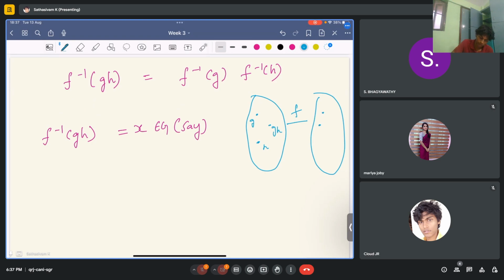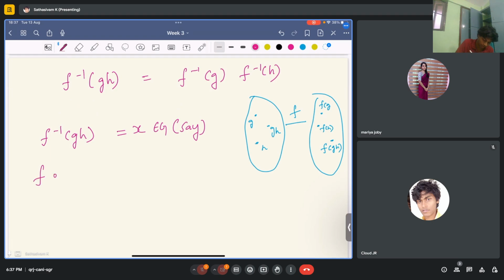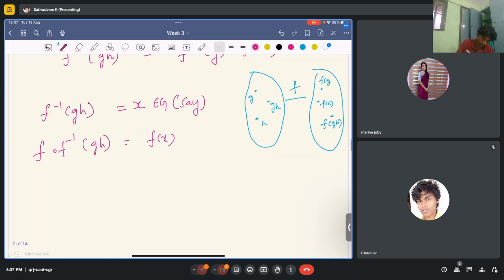Okay. So this is F of G, and this is F of H, and this is F of GH. Okay. So the property we have is if I apply F to it, what you get is F of X. So this kind of cancels out.